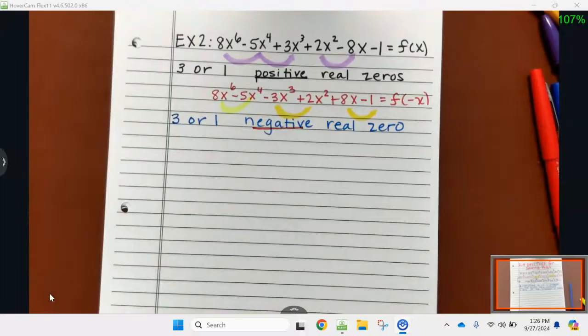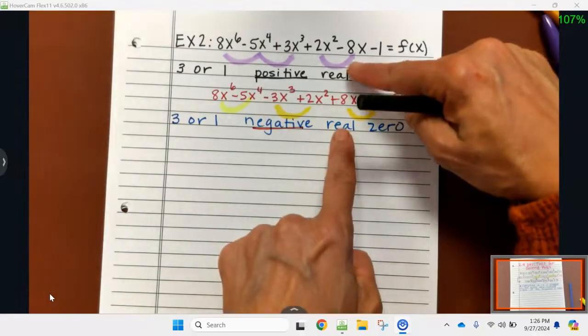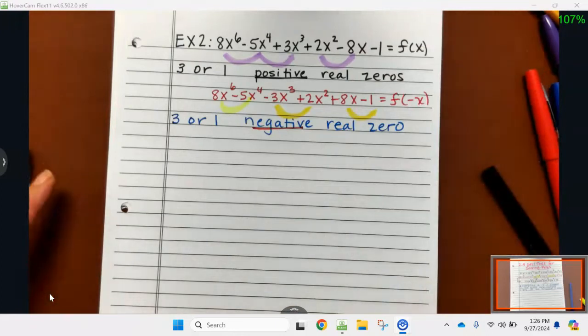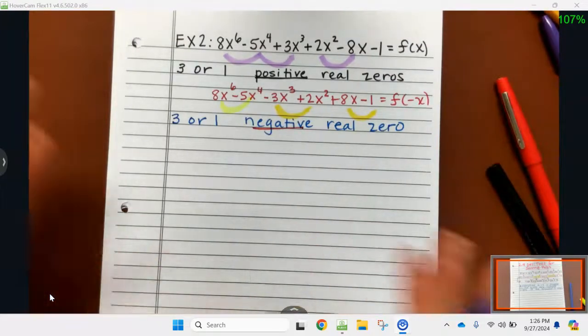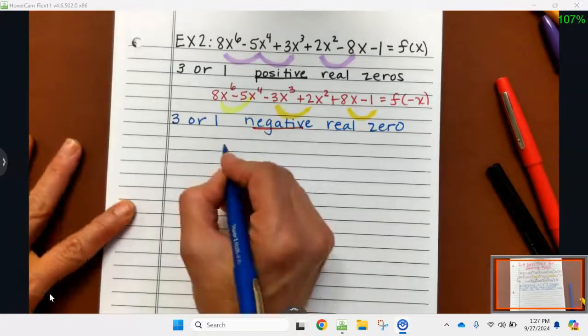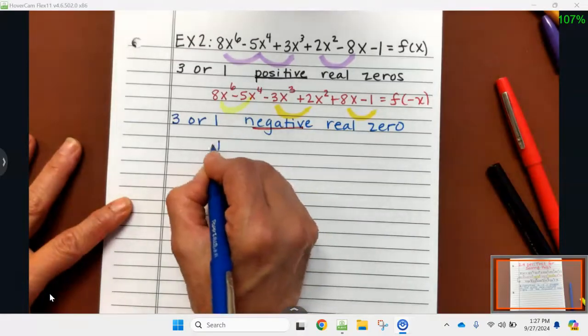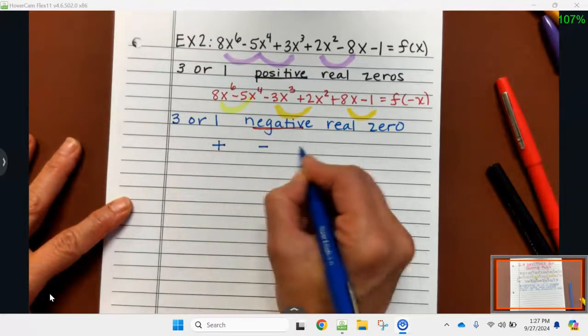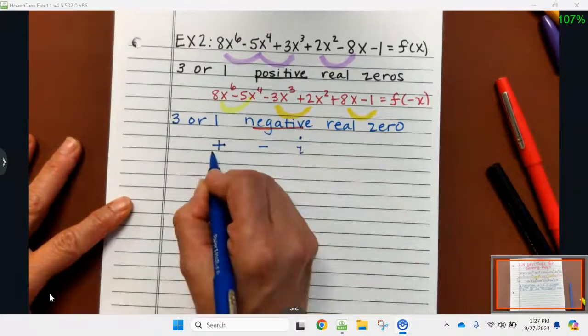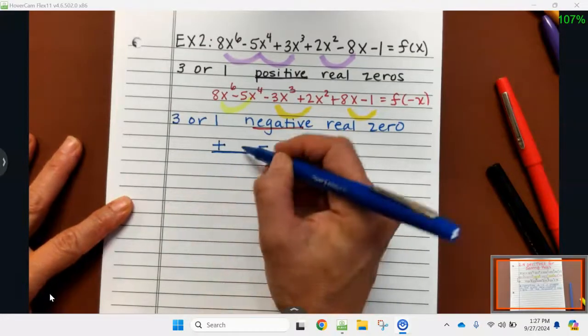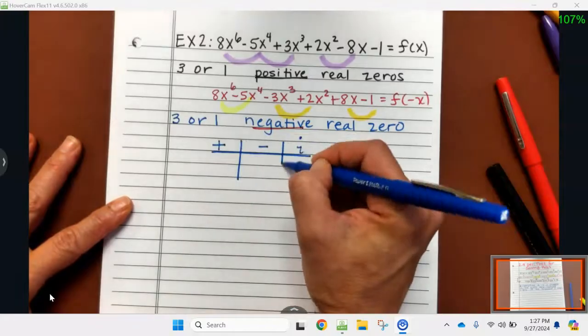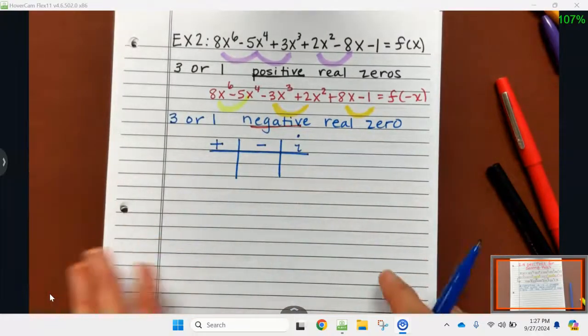Now, let's bring in the degree. And remember, we are focusing on the word real. So I'm going to make a little table just to organize all of our combinations. So remember, we're talking about positive, negative, or the other kind, imaginary. Let's make a little graphic here to analyze all the possibilities.